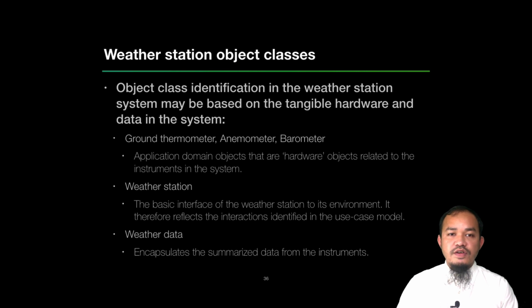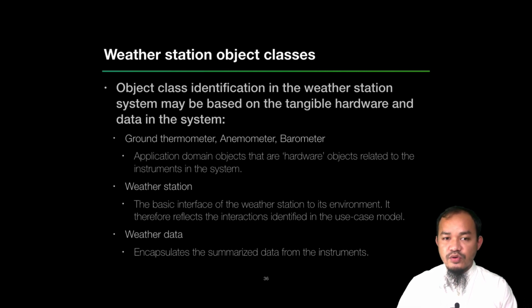The output of the object class identification is a diagram, the class diagram. For example, here about the weather station, we identify based on tangible hardware and data in the system, meaning the data described using natural language. So we can specify many things.